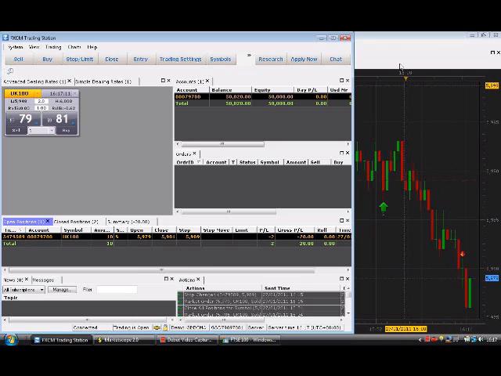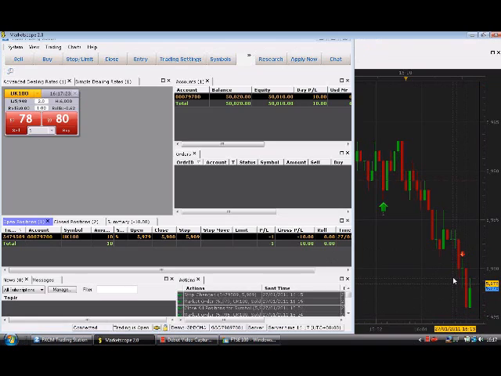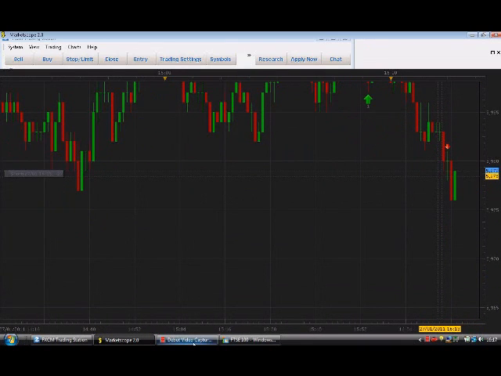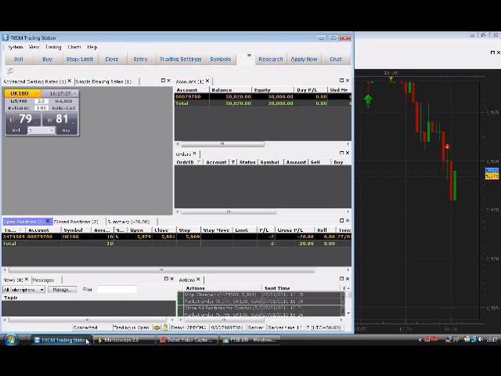As you can see, I've sold at 5979 with the view of the market going lower and dropping. I'm just going to bring that up a bit more so you can see it. Bring my platform back. So right now the market does that.